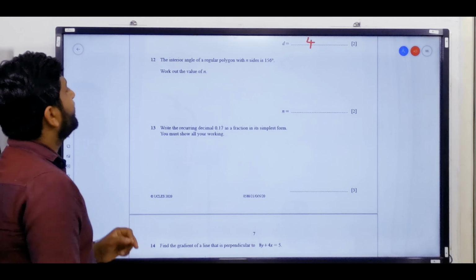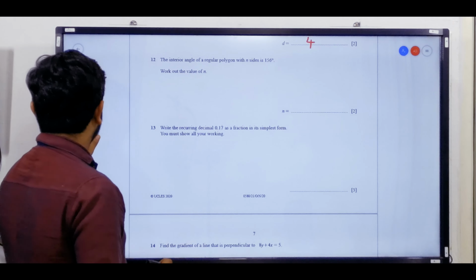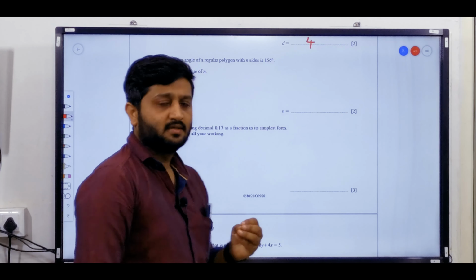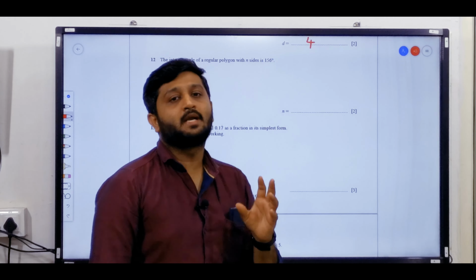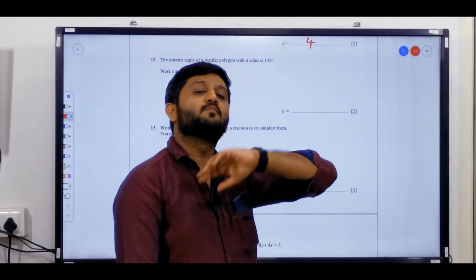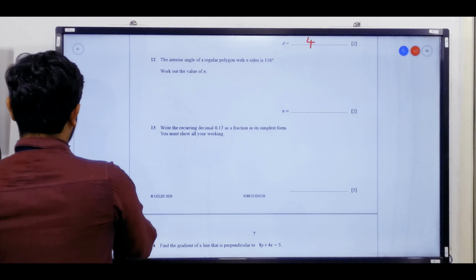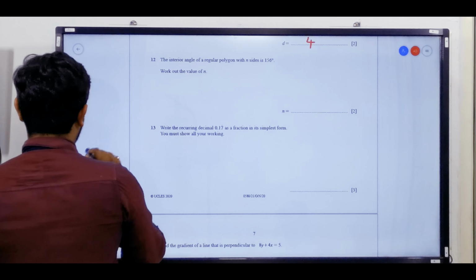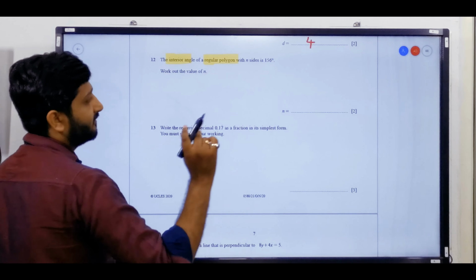The interior angle of a regular polygon with n sides is 156. Work out the value of n. Student, this question can be done in two different ways. I'll show you both the ways. As this is the interior angle of a regular polygon, let us first apply that formula.